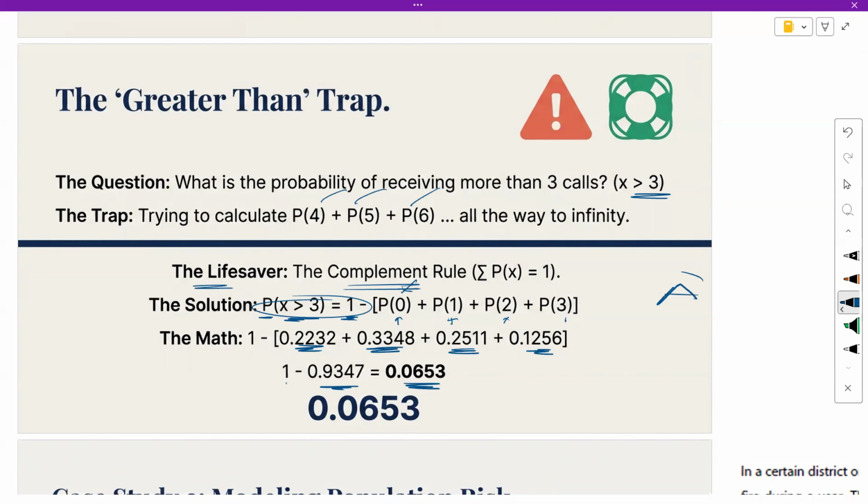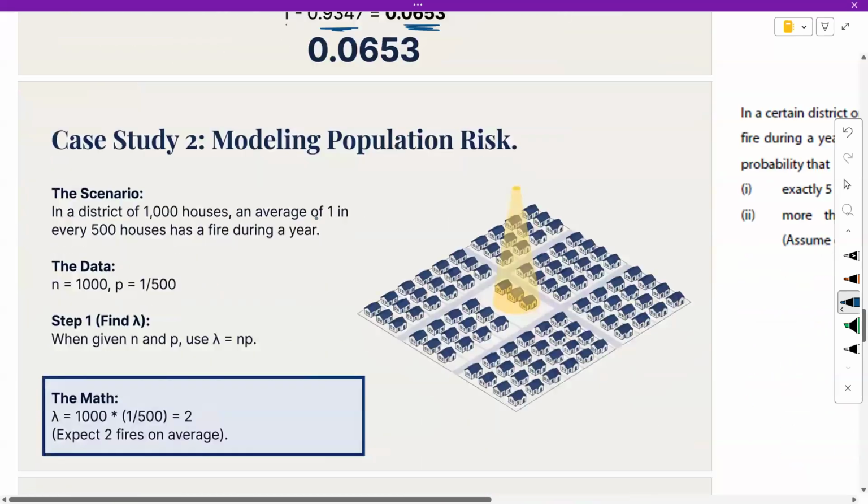More than that is a very rare case. Four calls, rare. 5 calls, very rare. 6 calls, very rare. 15 calls, almost zero chance, almost impossible.